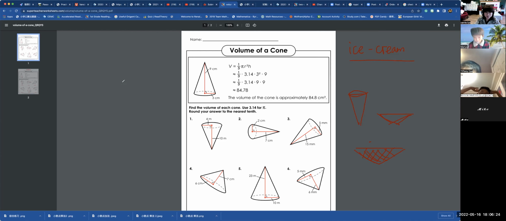Okay, so yes, some ice cream is like that, put into something like that as well. But still, most of the ice cream cones are that shape, right? So have you ever wondered how much ice cream is going to be put inside? Have you ever wondered? So let's take a look at this one.